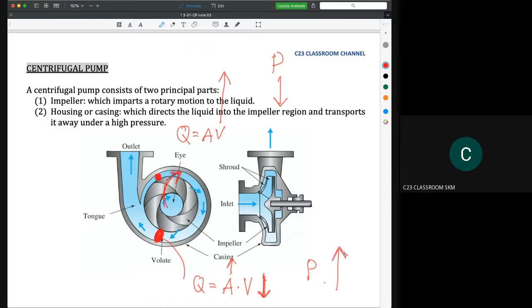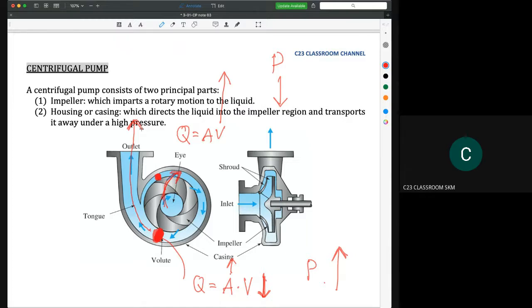So we purposely create this design. At the end here, the volute has a larger cross-sectional area, because we want to make sure that the pressure is high. By reducing the velocity, the pressure becomes high, and when the pressure is higher, it could go to the upper level.